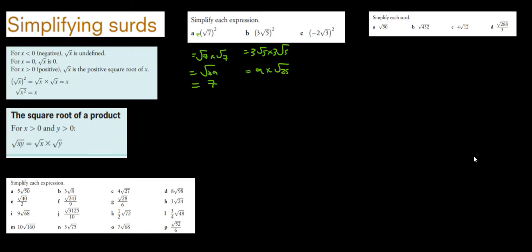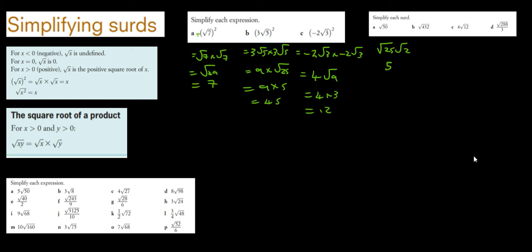This is the root of 25. 9 times 5 is 45. This is negative 2 root 3 times negative 2 root 3. This gives 4 root 9, which is 4 times 3, which is 12. This is 25 times 2, which is simply 5 root 2.